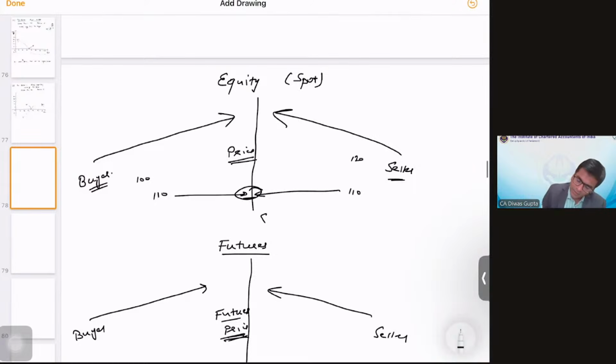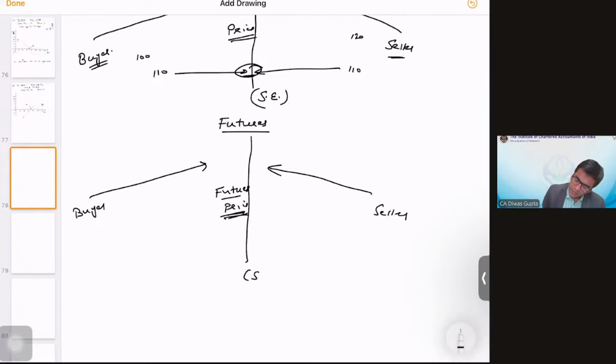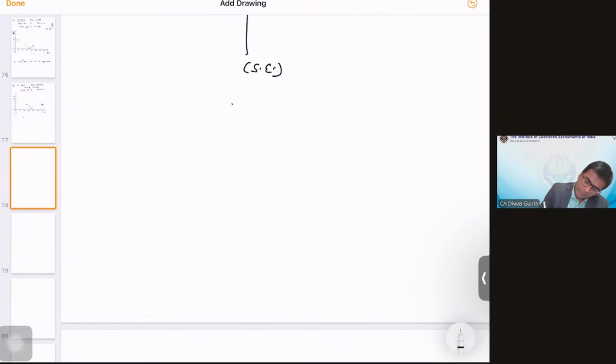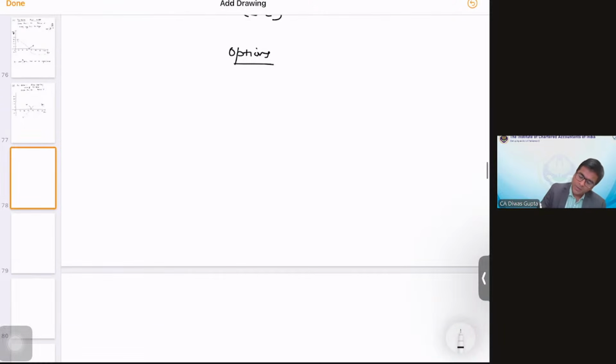So this is for futures. This is happening on the stock exchange. This is also happening on the stock exchange. Okay? And let's talk about options. Okay? For options, again there is a buyer or holder of the option.